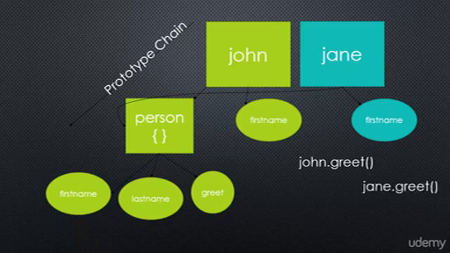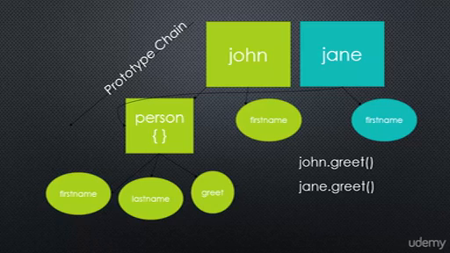And then we could call john.greet and jane.greet because the greet method was available down the prototype chain. So again, Object.create is a very simple, clean, and clear way to set up a sequence of objects that inherit from one another, a prototype chain.